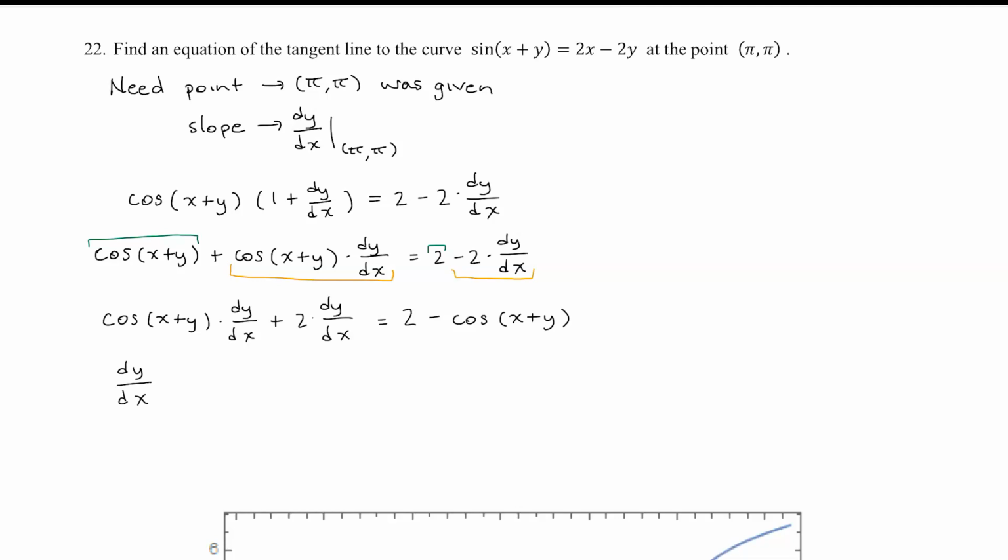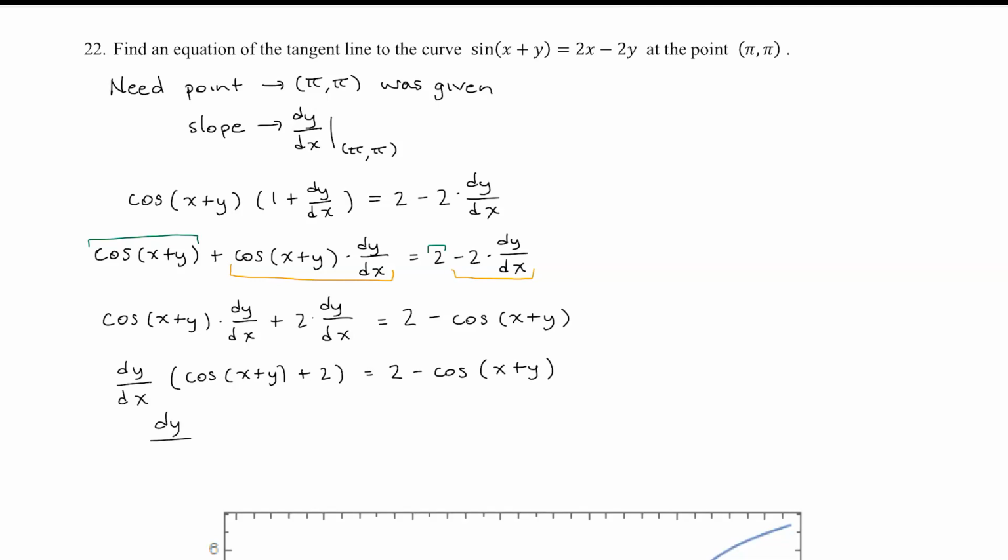Then you can see that the method is hopefully starting to become clear of what we do. We want to factor out dy dx from the left-hand side, and that leaves us the cosine of x plus y plus 2.